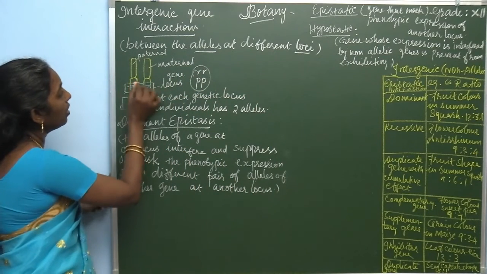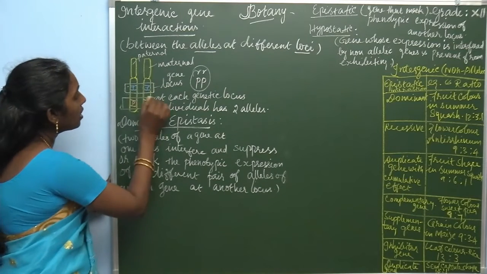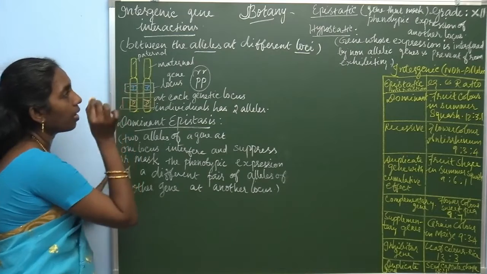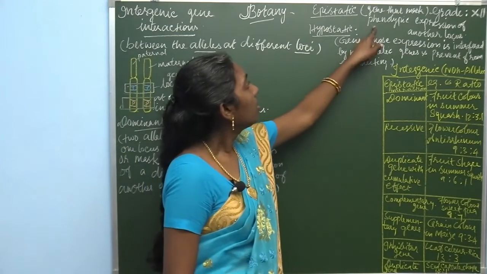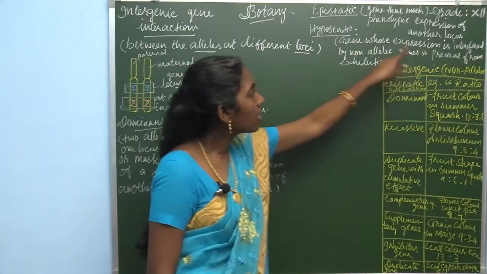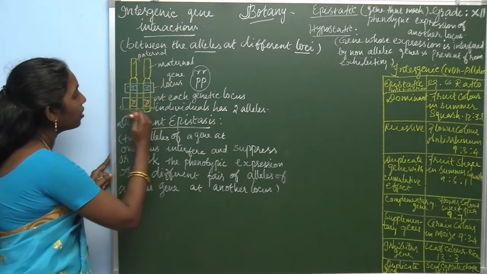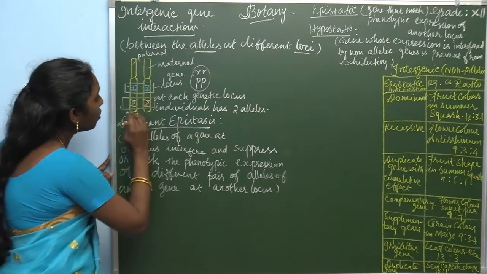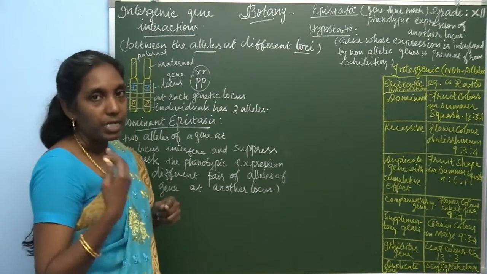If this allele of this locus masks this character, it is called epistatic.